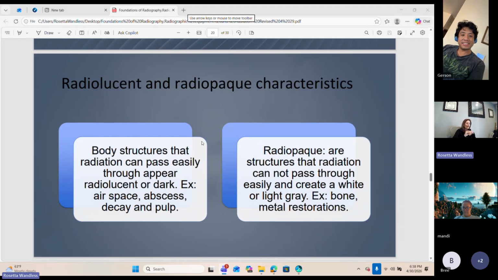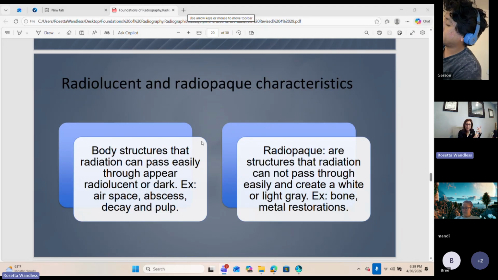Radiolucent is another name for a dark area or black area, okay? It's empty space. Let's put it that way. So radiolucent means dark, or it's going to show black or very dark, right?